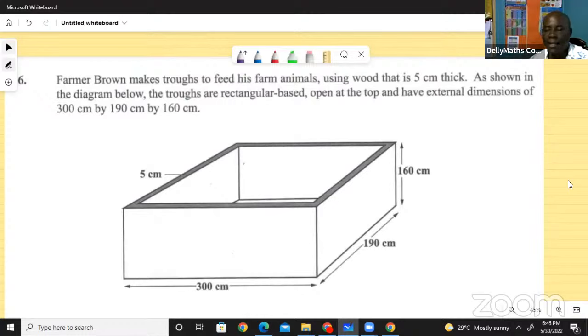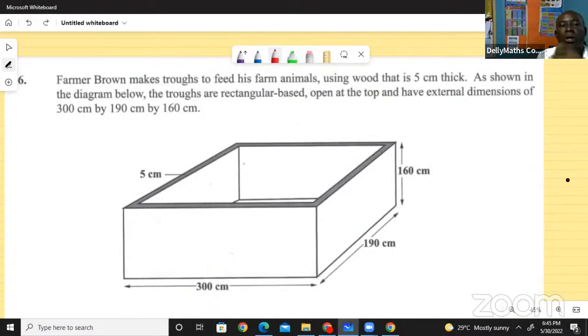So we're looking at that diagram there. The trough has a rectangular base, so the bottom resembles a rectangle. You could see a 300 by 290, which is the base they're talking about.